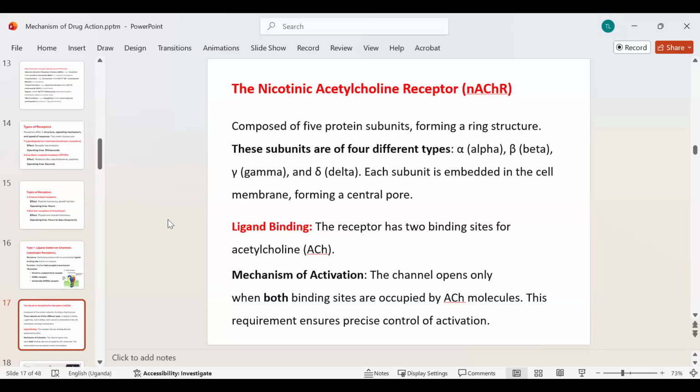The other proteins are also proteins, but they are not functioning as receptors. They are just functioning as sites where drugs are going to bind. And when they bind, they just make that complex.